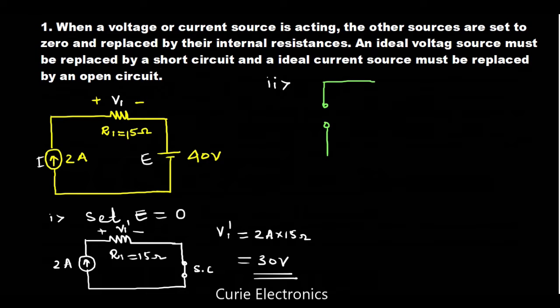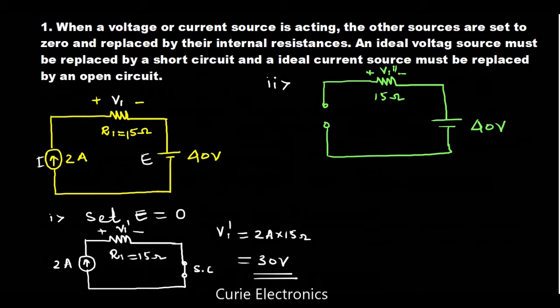Now we have a resistance here, R1 equal to 15 ohm, with voltage V1 double dash across it. First we have taken V1 dash, so now we will take V1 double dash. And the voltage source we are retaining, that is the acting source, so it is 40 volt.